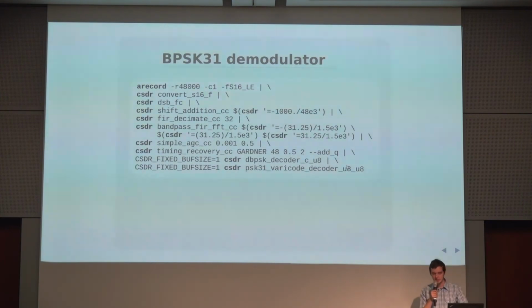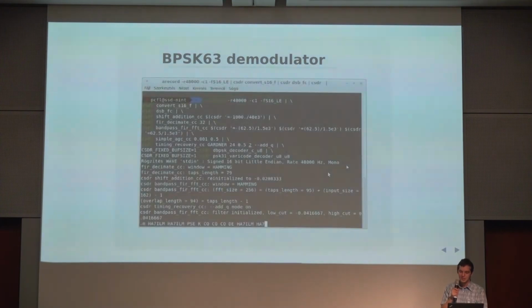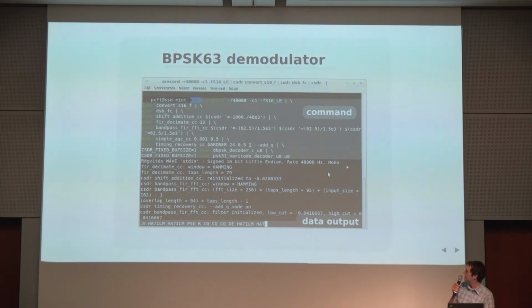And what's interesting about this approach, why I like this, is that by changing a few numbers in this command, you can demodulate BPSK63. And even by changing the numbers, you can set your own speed if you want for BPSK31. So this is it in action. That's the command, and that's the output.